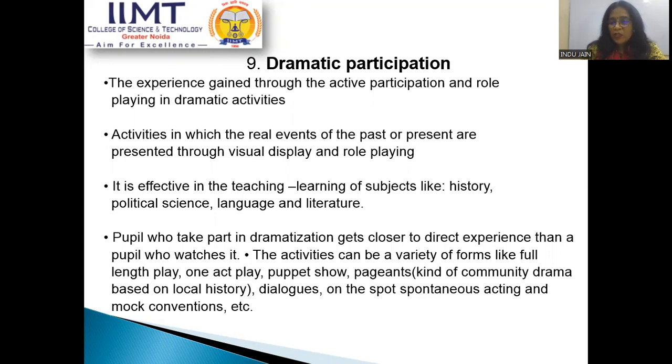On-the-spot spontaneous acting means when the teacher teaches any fact, suddenly he asks the students to act out the particular person whom the teacher wants to explain at that time.